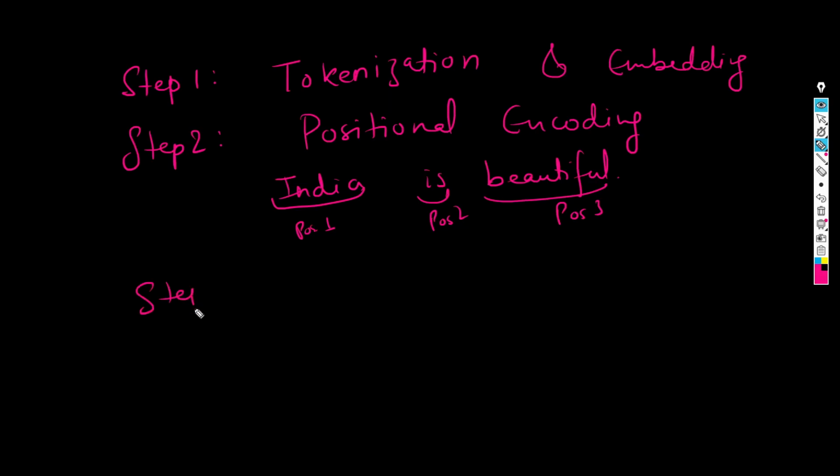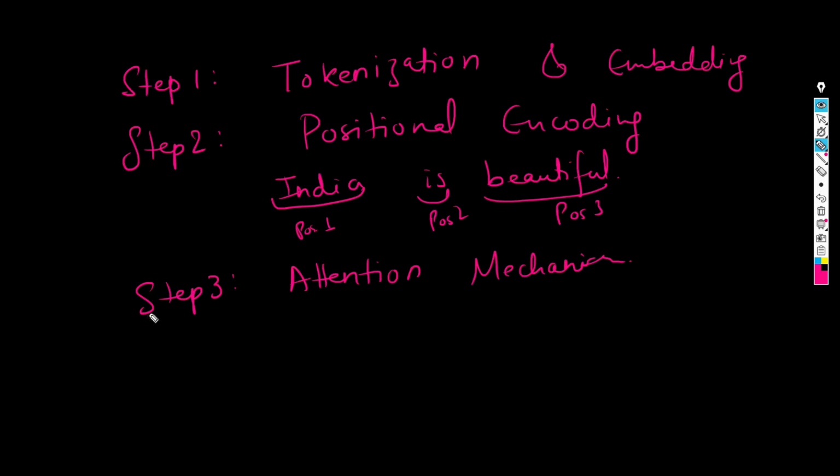Then we have step 3, which is the attention mechanism. Again, we have already gone through the attention mechanism. The encoder applies self-attention, which means every word looks at every other word and decides how important they are to each other.